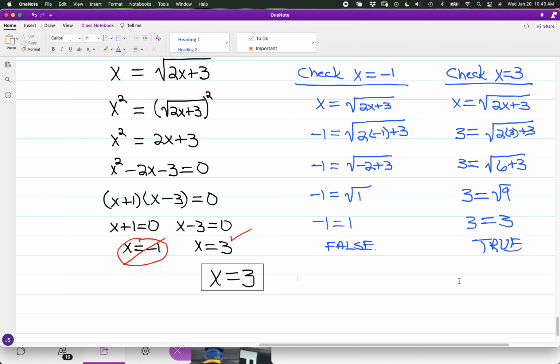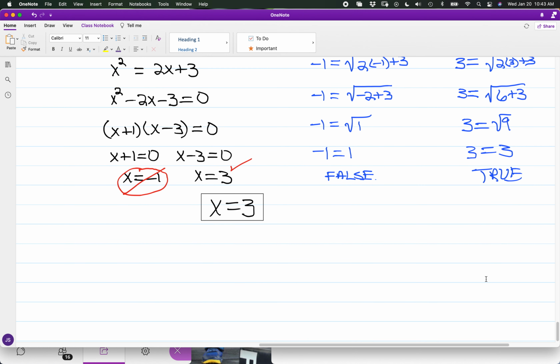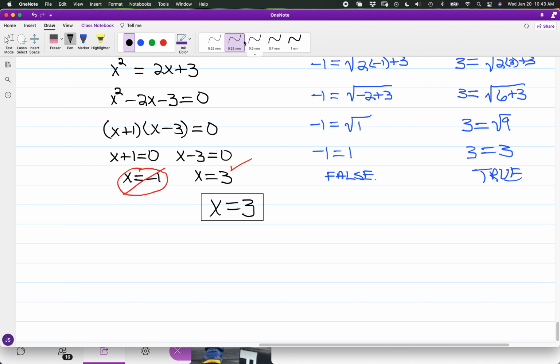And let me give you just one more case here. If I have something like 5 times the square root of 2x minus 3 is equal to 9.